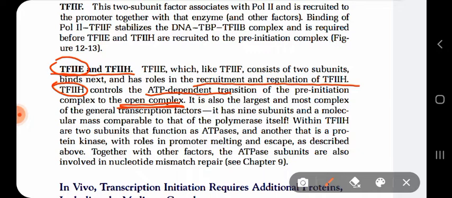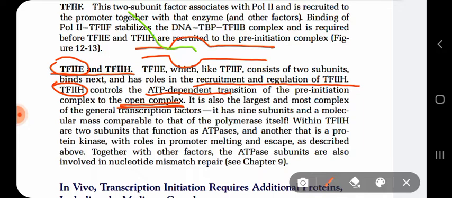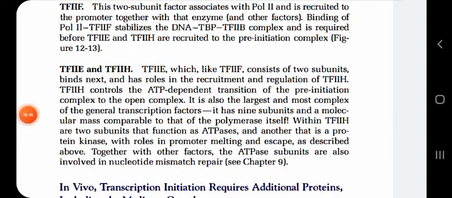I have said that the DNA has to be unwound at a particular site in order to start the transcription process, so that RNA can be synthesized from the DNA using one of the strands. So this is the first function of TF2H.